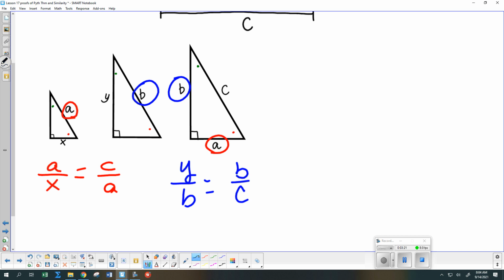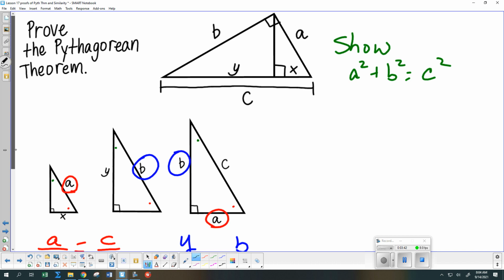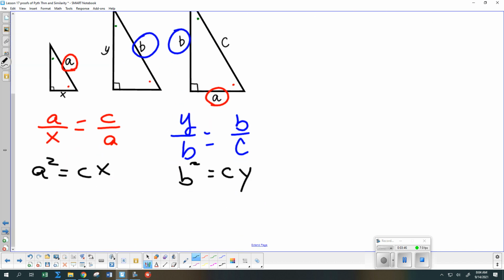Then I am going to take cross products for each of those proportions. So A squared is going to be equal to C times X. And B squared is going to be equal to C times Y. So I'm going to remember, I want to show A squared plus B squared is C squared. So I am going to write down A squared plus B squared is something.